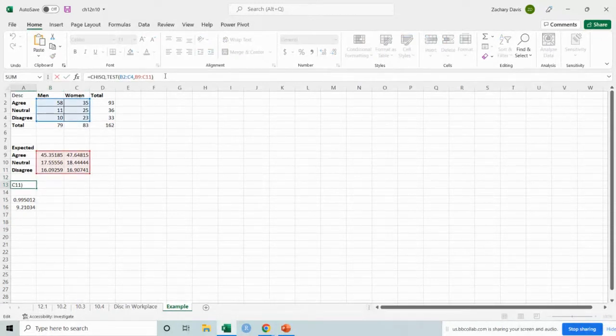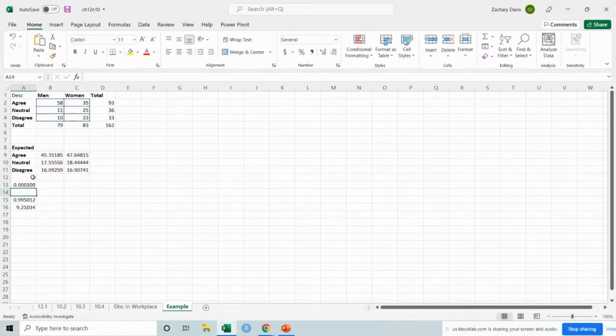Then we use those matrices to compare these two. We run the chi-square test, and it'll give us the p-value. It's very, very low, 0.000003, which is very significant. We wanted to look at our chi-square distribution, and then to get our chi-square value of 9.2 using chi-inverse.